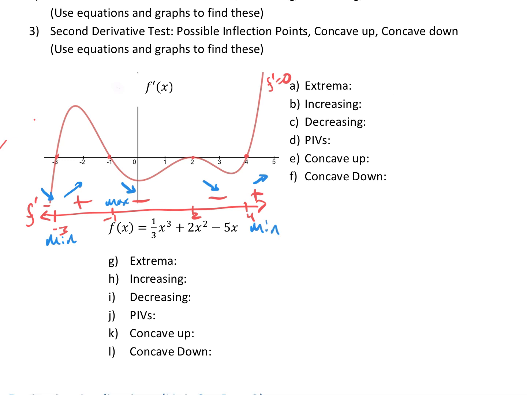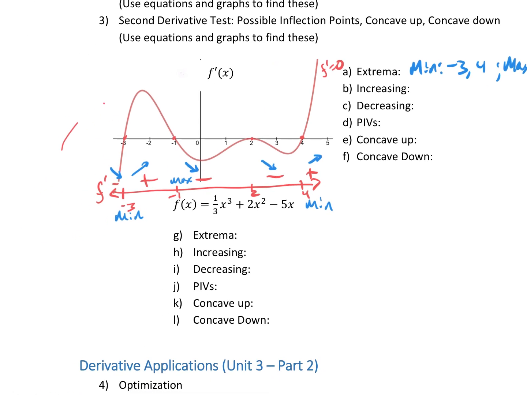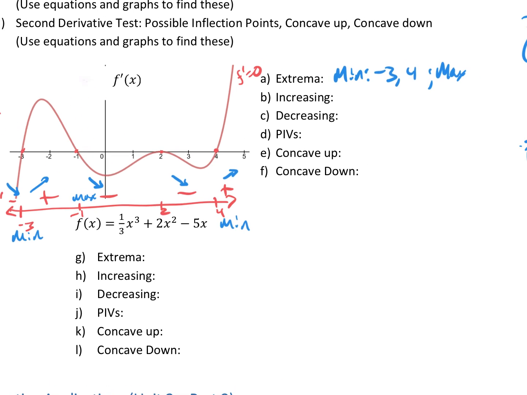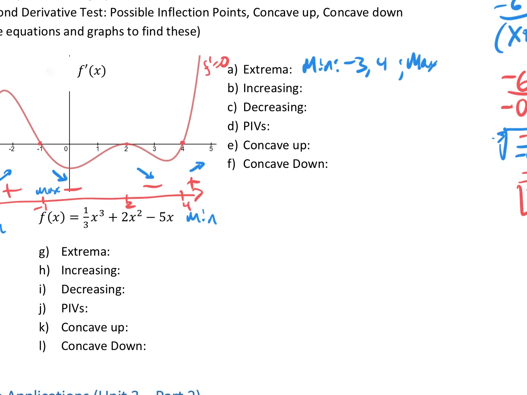So let's write these as mins and maxes here. So we have minimums at -3 and 4. And we have a max at -1. That's it. So the maximum is at -1. And these are x values, of course. Okay.